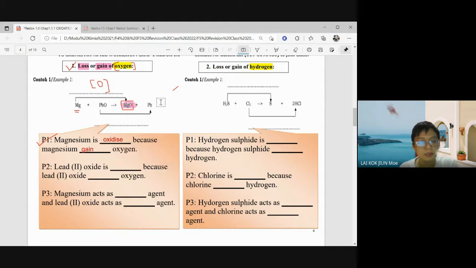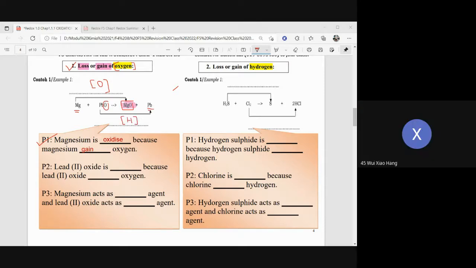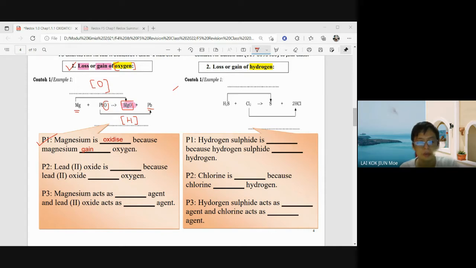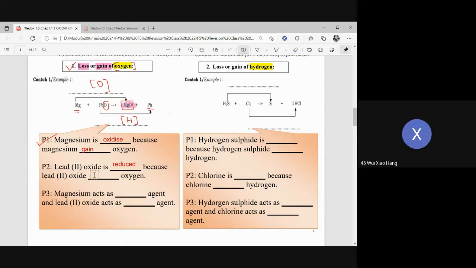So number 2, lead oxide is, dia sudah tadi Pb saja. So the O, is it O sudah lose, right? Yeah. So undergo reduction. So you can use the keyword reduction, reduce, because lead oxide is oxidizing agent.